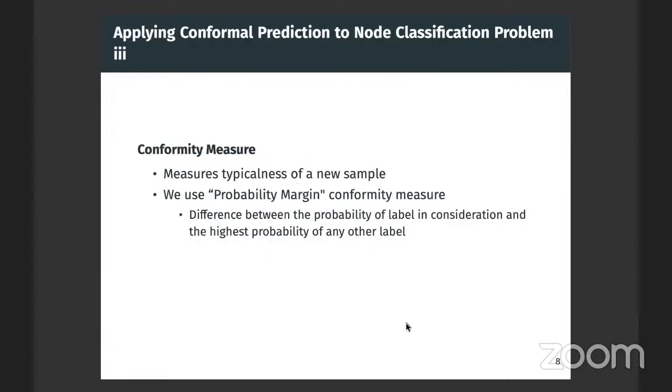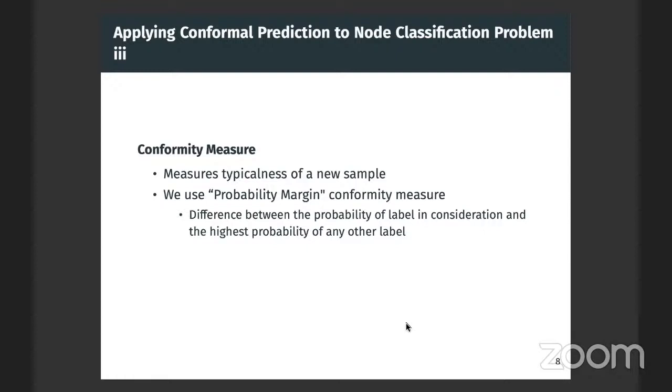The second thing that we need to define to apply this conformal prediction framework is a conformity measure. The conformity measure measures how typical this new sample is. For example, one such measure is probability margin. You look at the difference between the probability for the label that we are considering and the highest probability for any other label.